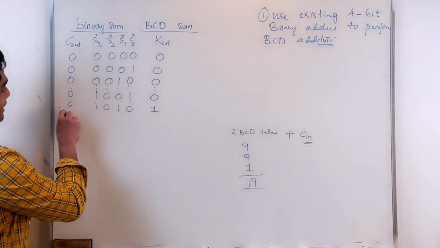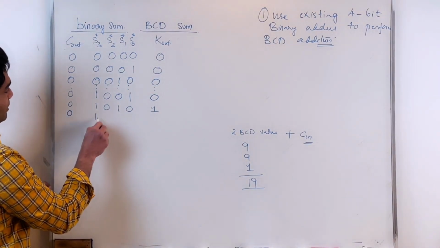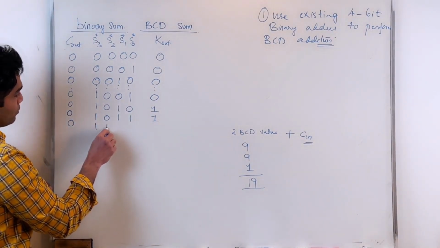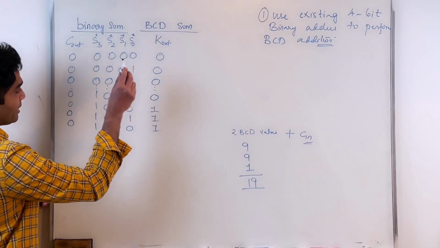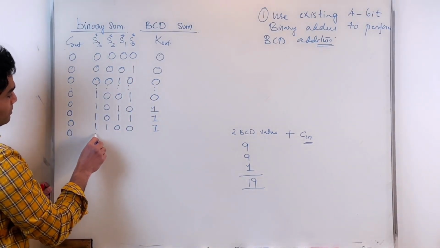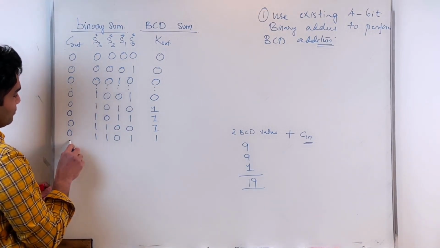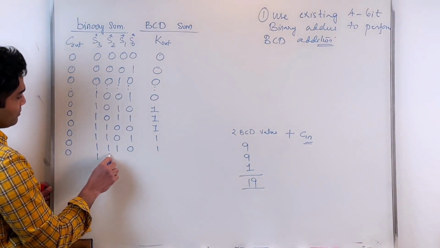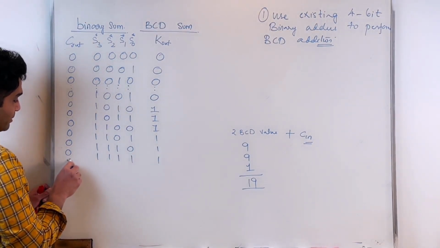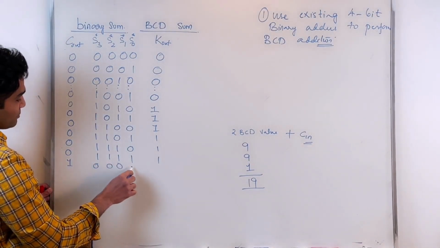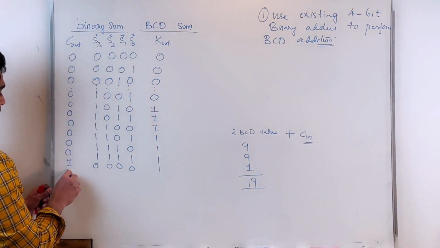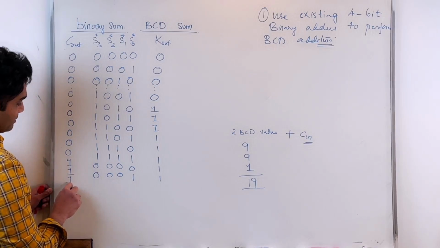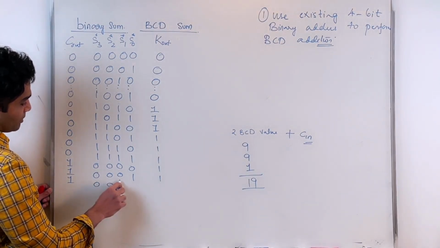All right. So that's 10. 11 would be 1, 0, 1, 1. That's 1. 12 would be 1, 1, 0, 0. Still 1 for K out. 13 would be 0, 1, 1, 0, 1. 14, 1, 1, 1, 0. 15, 1, 1, 1, 1. 16 would be 1, 0, 0, 0, 0. 17, 1, 0, 0, 0, 1. 18, 1, 0, 0, 1, 0.